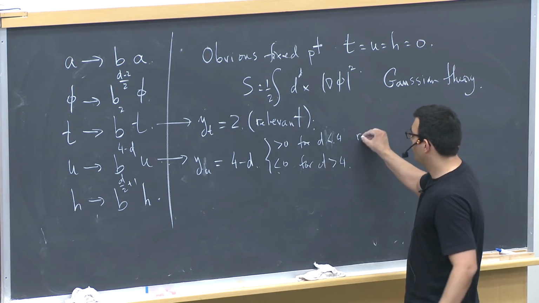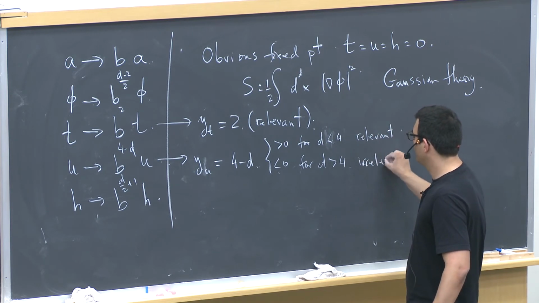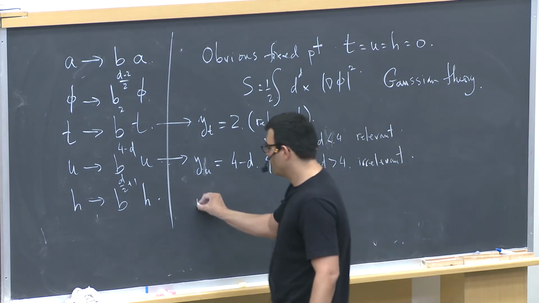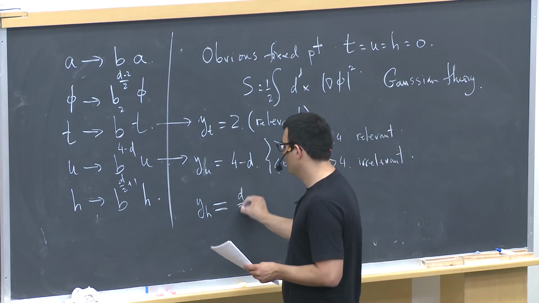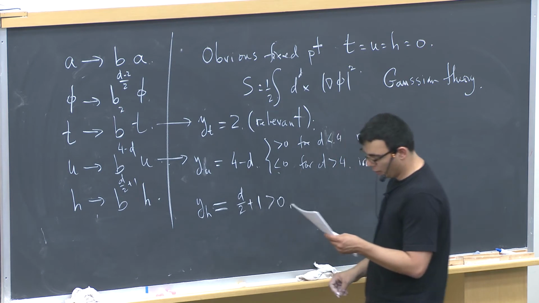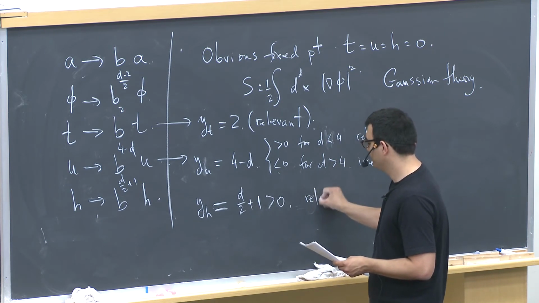So in the first case, it's relevant. In the second case, it's irrelevant. And y_h is equal to d over 2 plus 1. And this is bigger than 0. Sorry, d over 2 plus 1, right. So it's also relevant.